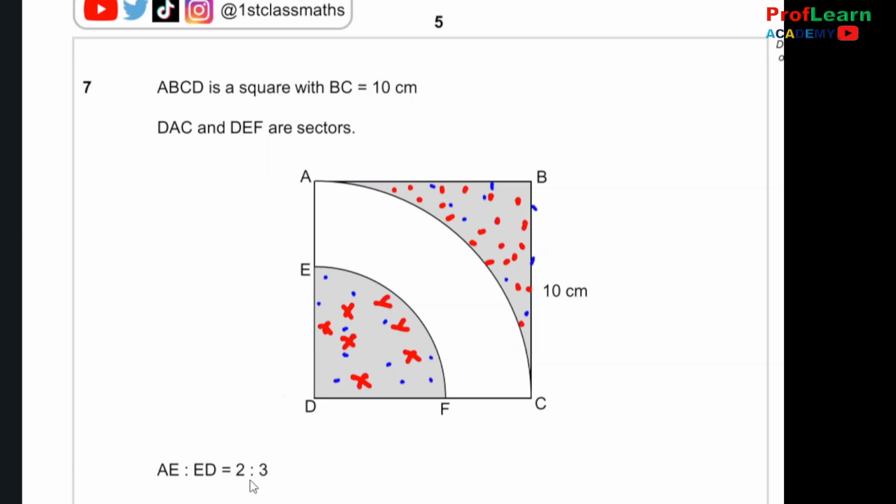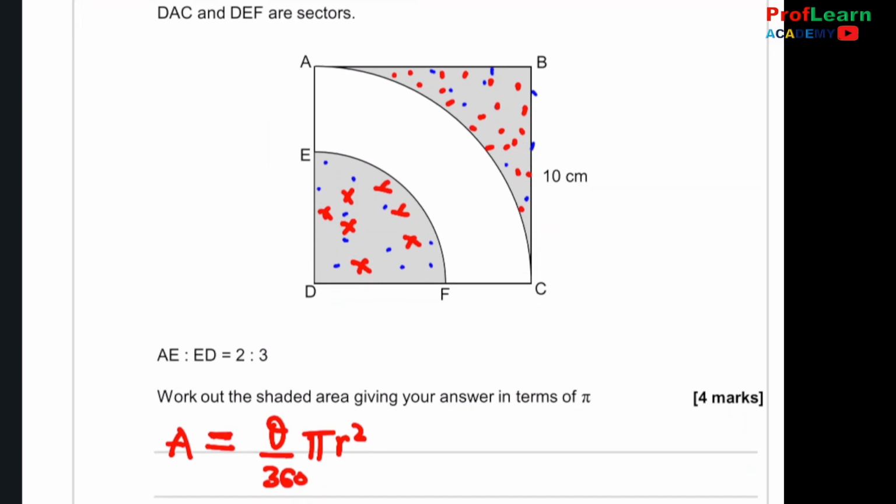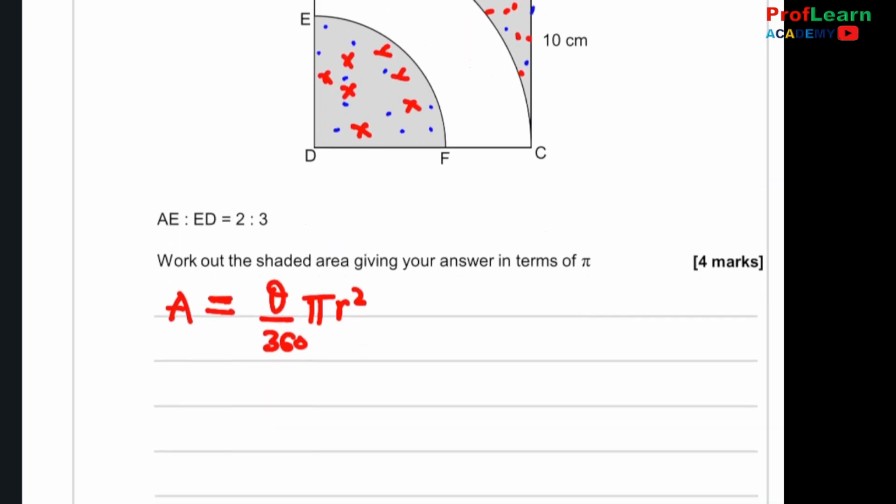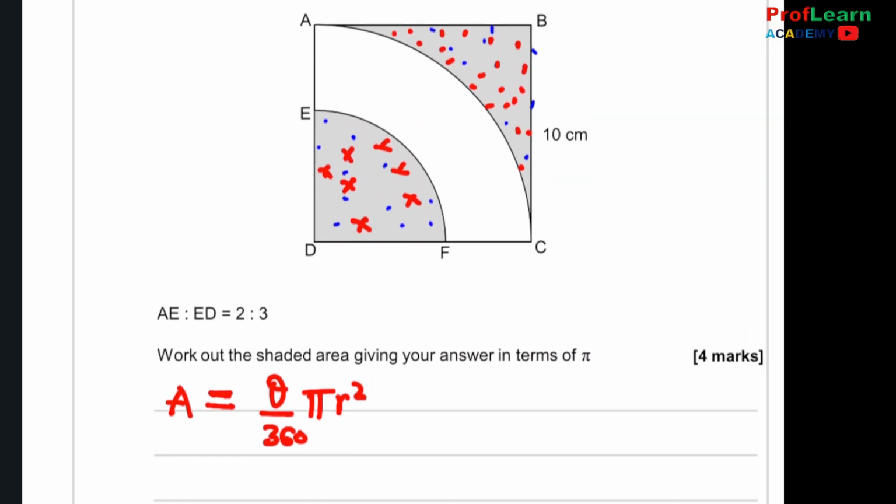So meaning, the area of a sector is theta over 360 pi r squared. That's the formula we use in order to work out the area of a sector. So in order to work out this, let me just move this so that we can see it properly.